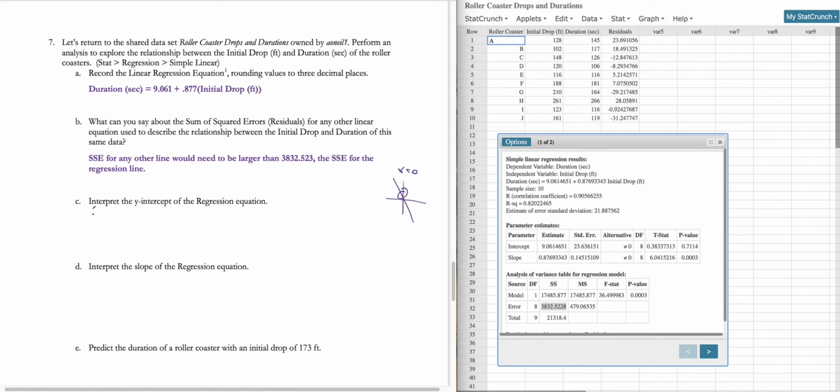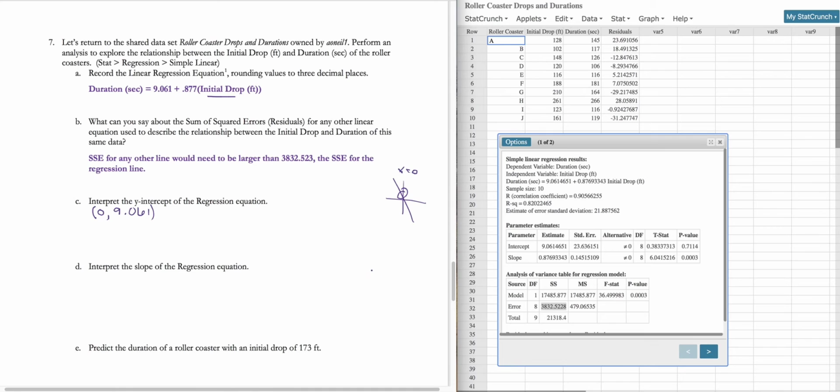So the y-intercept is the ordered pair for which the x-coordinate is 0, and when we put in an initial drop of 0, 9.061 is the value for the duration. So this ordered pair is our y-intercept.